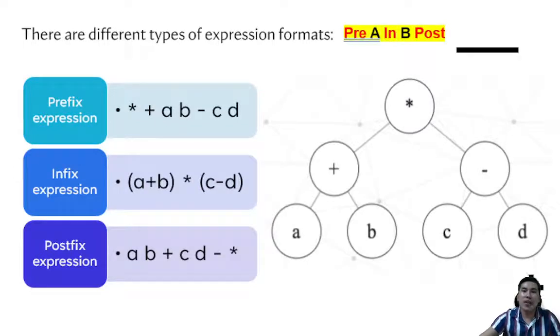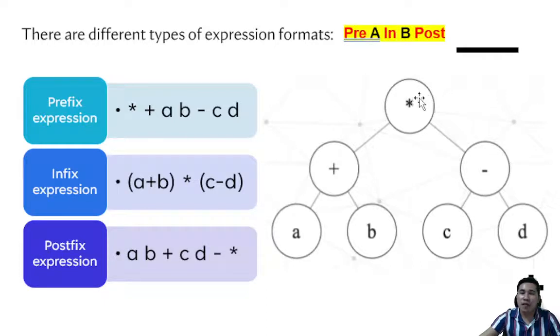There are different types of expression formats. In our discussion about reverse Polish notation, we discussed prefix, infix, and postfix. To implement or create an expression tree, we have to have an idea about the RPN or reverse Polish notation. So you have here the prefix expression, infix expression, and postfix expression.